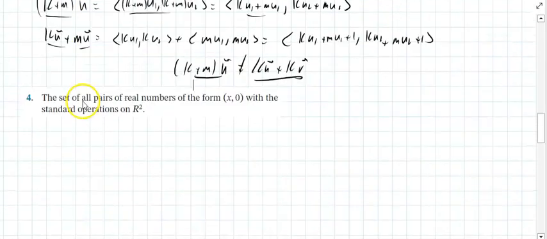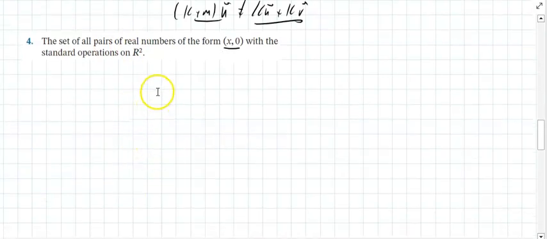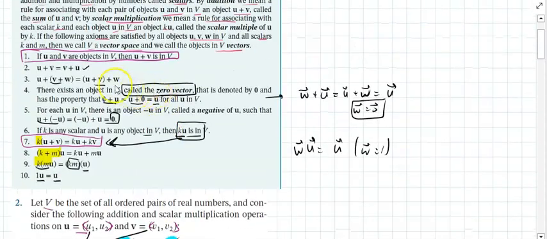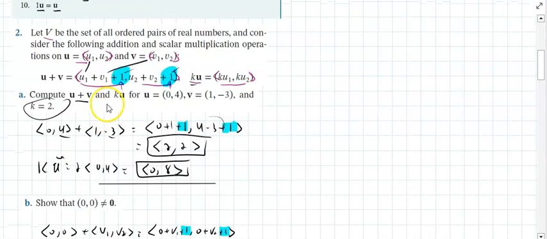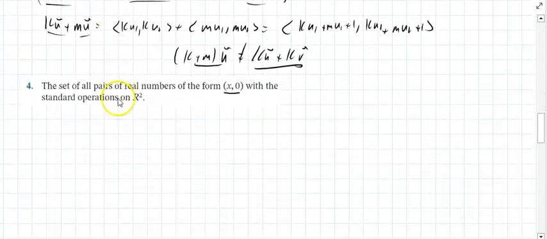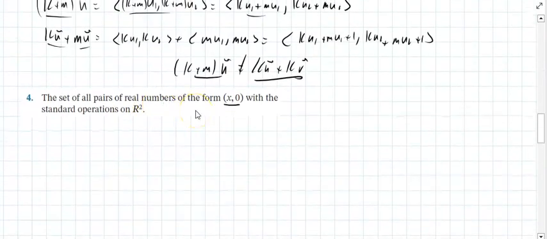If I look at the next problem, number 4, the set of all pairs of real numbers x, 0 with standard operation in R2. Well, axiom 1 says if you add the two, they should remain in there. Then u plus v equals v plus u. So in this case, again, it's a lot of steps. We're going to verify those. And we only have to do that for 2 problems.